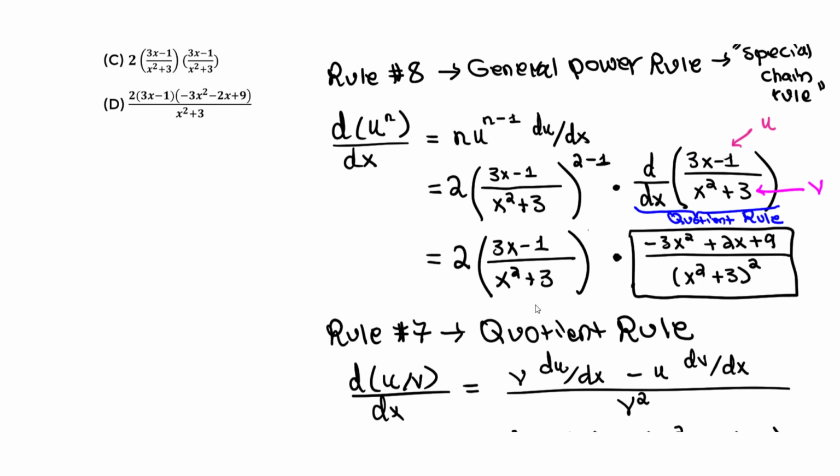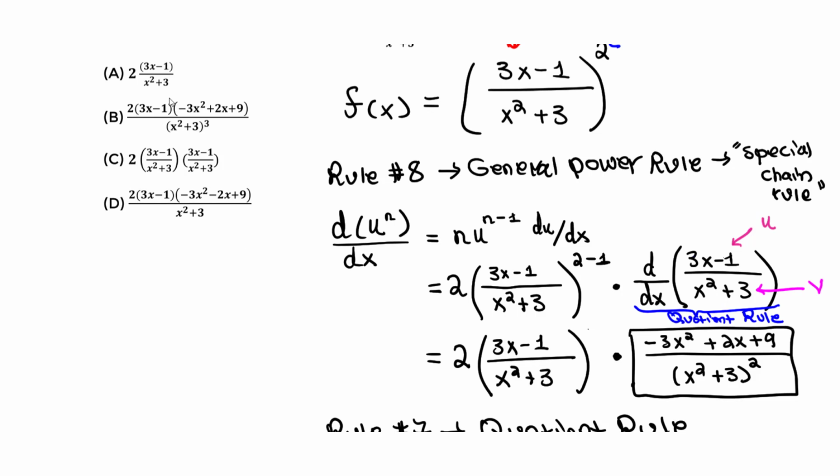We did the derivative. So you can probably pick an answer just based on what we have here, if you look at the answer choices closely. So obviously A is out, right? A we can eliminate. We know that at the bottom, if you look very closely, this x squared plus 3 is the same as this, right?